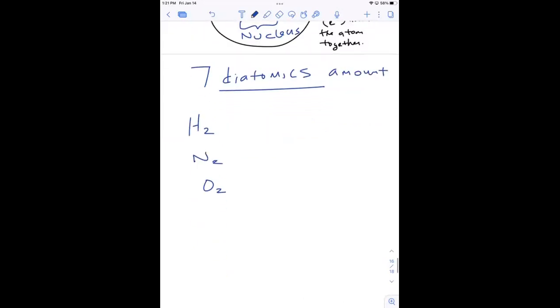And then you have chlorine, bromine, this is Br2, and iodine, right? So when we look at hydrogen, if it's a diatomic, this is actually a molecule because it's more than 1 atom, right? And it's held together by a bond between the 2 hydrogens.